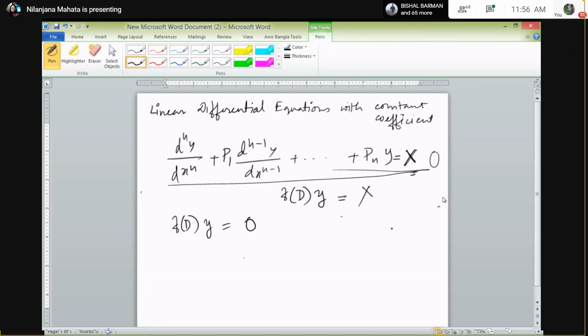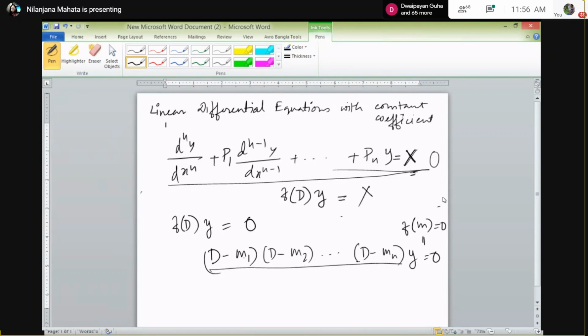Now if we find the roots of these, that is some m, so we have to factorize this nth order in n factors.